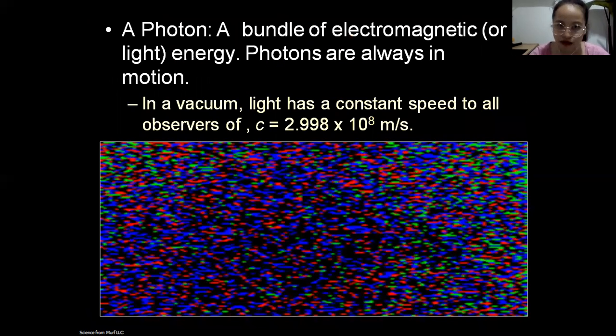The name for the particles of light is what we call photon. It is a bundle of electromagnetic energy, and photons are always in motion. Light has a constant speed to all observers. Which is faster, the sound wave or the light wave?